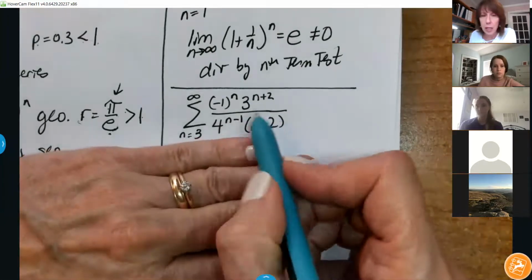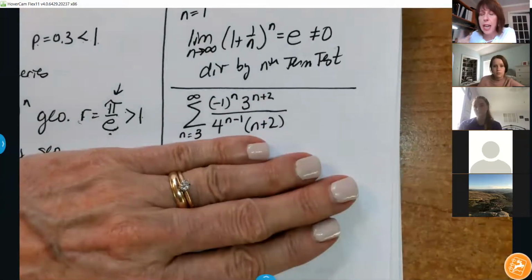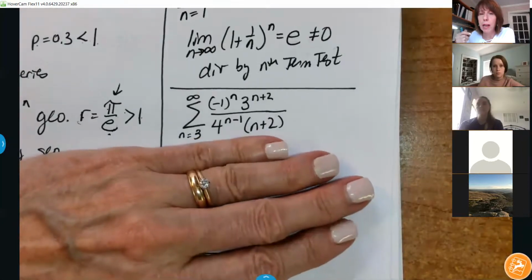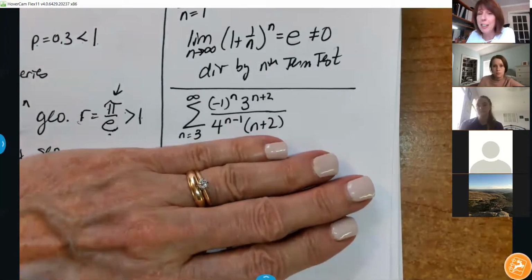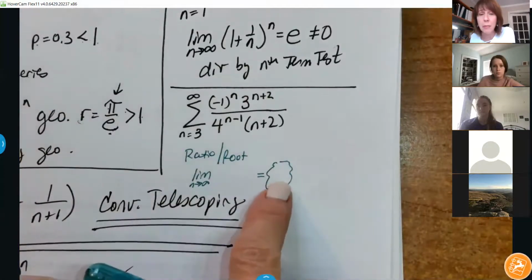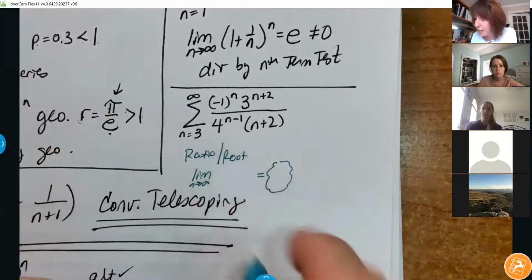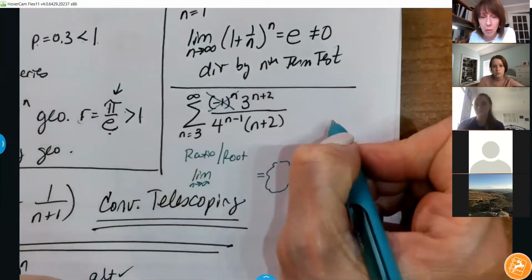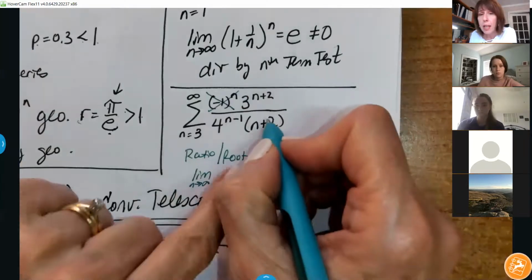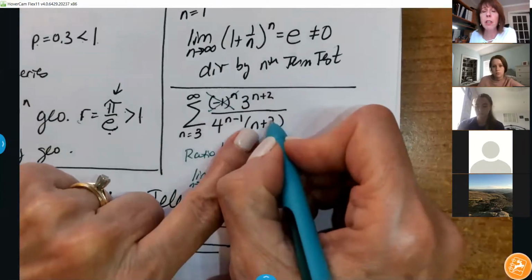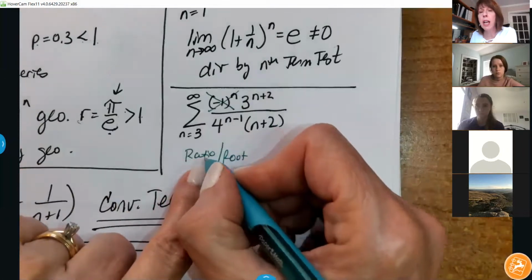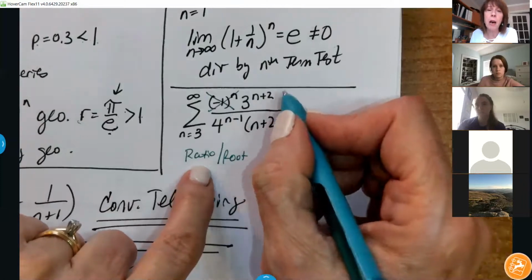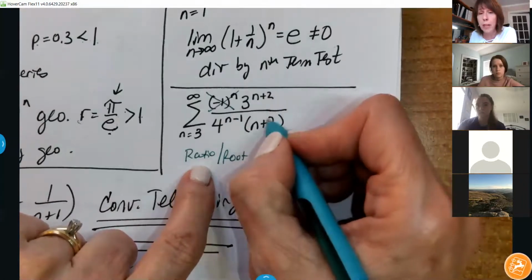And if I'm looking at this, I don't see any factorials. So I will tell you without writing a single thing down, I know what this limit would be, because the negative one will not affect things since we're going to be taking an absolute value. This n+2, if you're using the ratio test, you'll have an n+3 on the bottom and an n+2 on top. And when you take the limit, those go to 1.